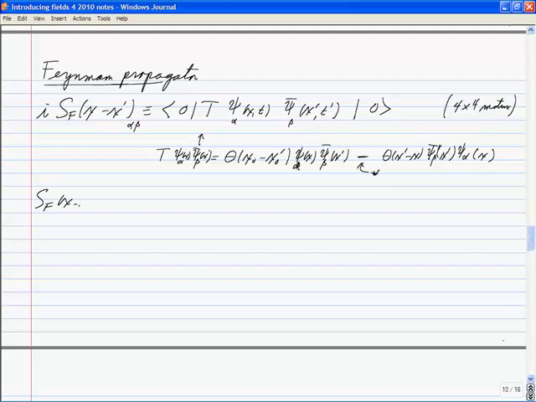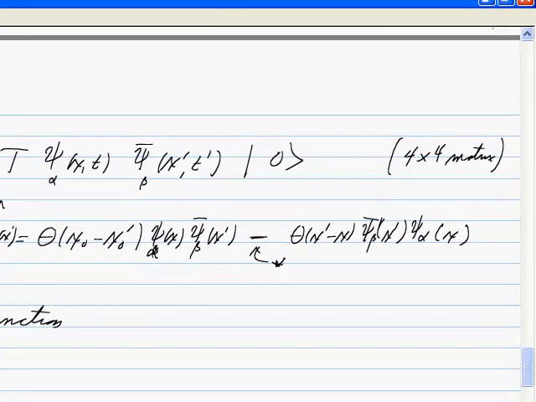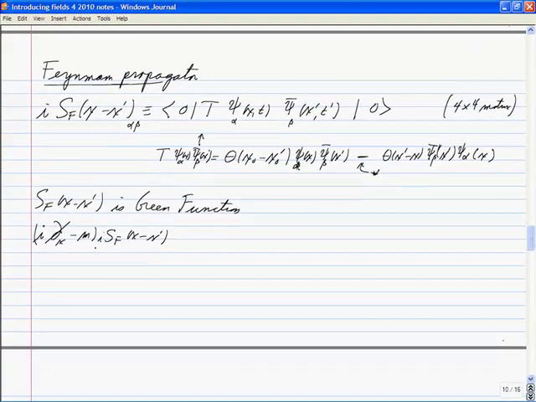S_F(x), the Feynman propagator, is a Green's function for the Dirac equation. If I take i del slash x minus m times i S_F, now that's, again, a matrix equation, so let's be a little careful. Let's make it alpha prime, alpha, alpha beta.